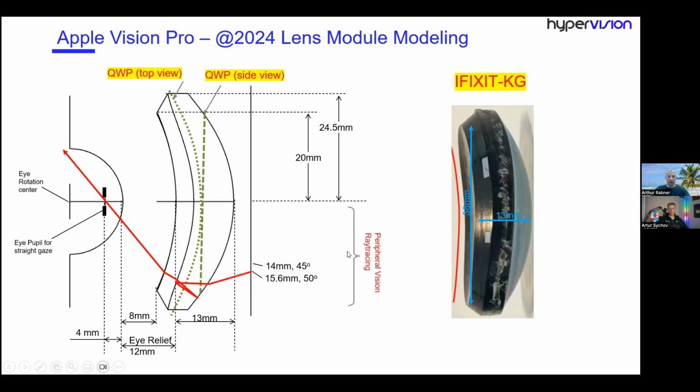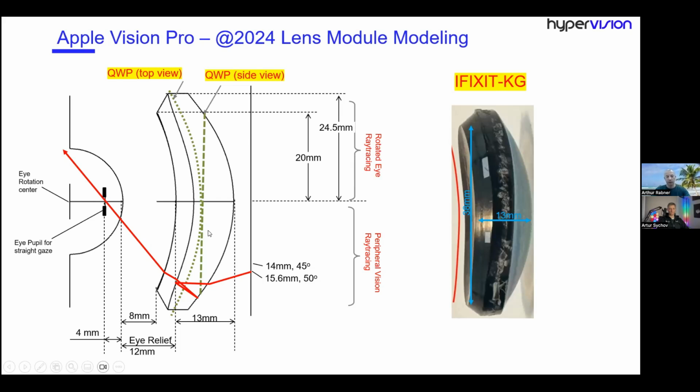Now here we have ray tracing for peripheral vision. When the eye is looking straight, I can perceive most of the field of view. Another simulation is for rotation of the eye. When the eye is looking straight and getting stimulation in peripheral vision, the eye wants to rotate.